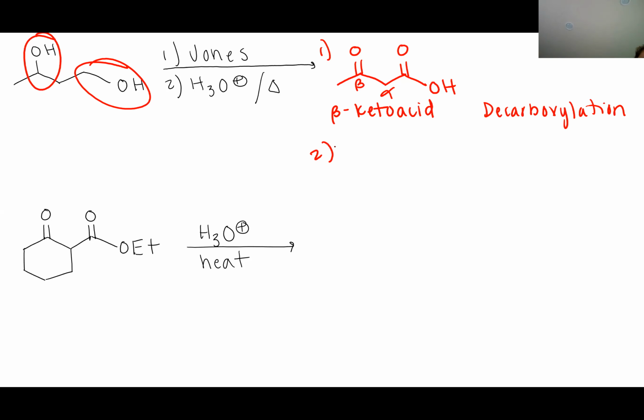When you have this beta keto acid structure, where you have the ketone in the beta position, you're going to essentially lose an equivalent of carbon dioxide. So we're going to be left with a ketone and carbon dioxide as a byproduct that would leave the system as a gas. So that's, I believe, in the very last video of chapter 17.